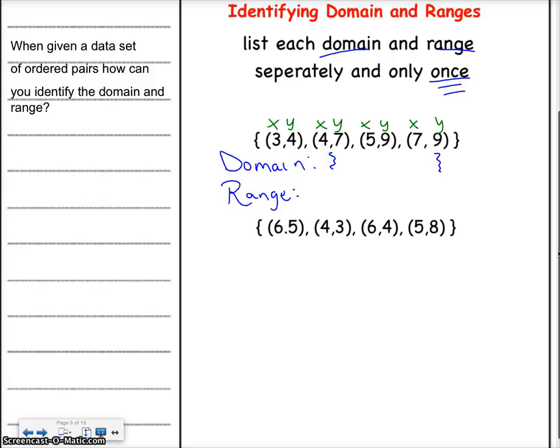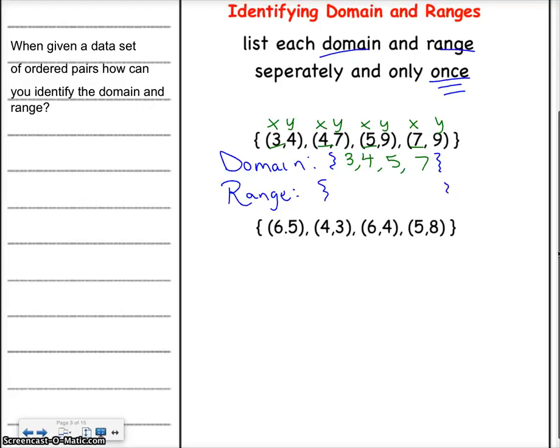X is always first. Remember, dominates, domain. So I have a 3, I have a 4, I have a 5, and what's my last domain? 7. It's as easy as that. All you have to do when it says identify the domain, look and write down the x's. Domain is x.